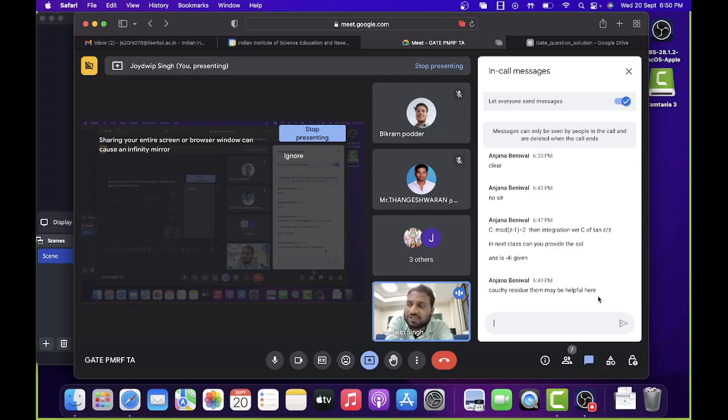So how many zeros are there? You have to just calculate, because certainly it does not have any poles there. I think there is no pole. Zero is included there.